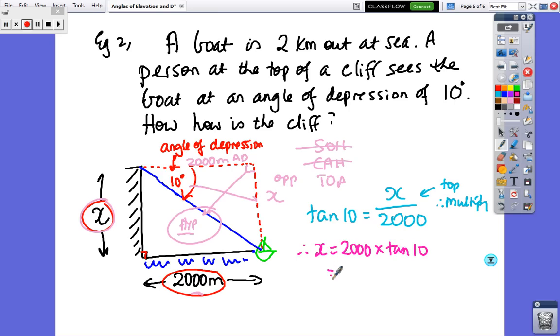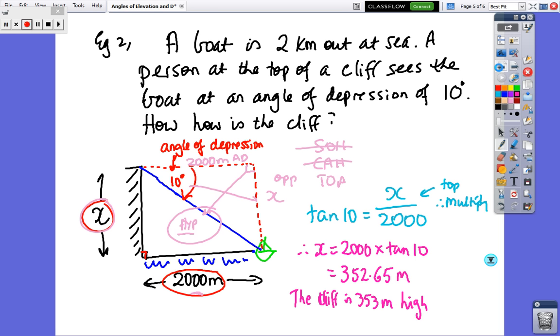I'm hoping this is going to give a sensible answer, not too high. So the cliff is very high, 352.65 metres. I say to whole numbers.